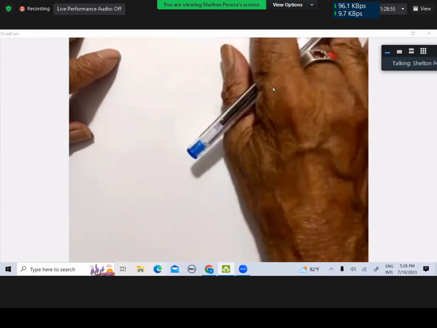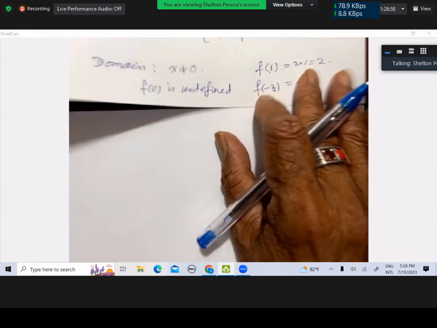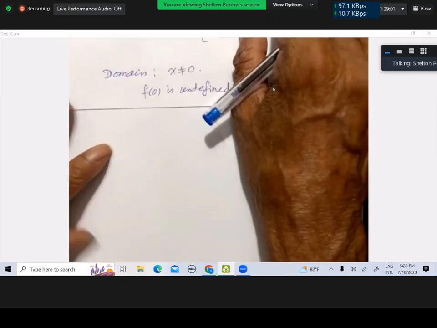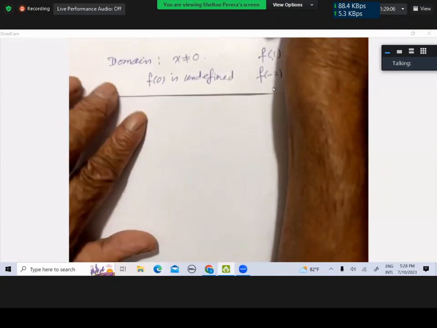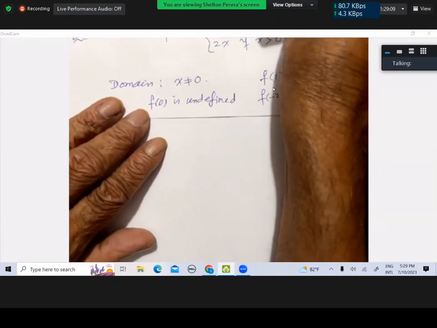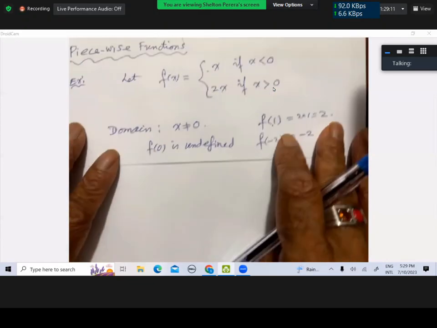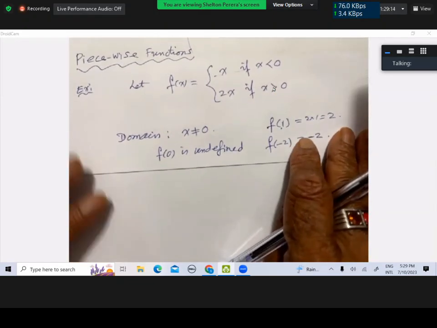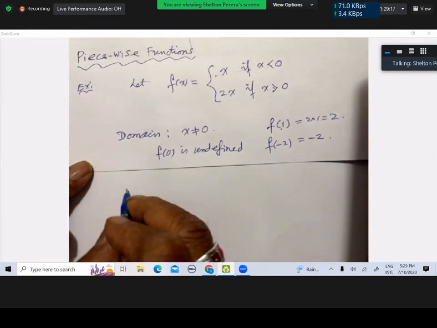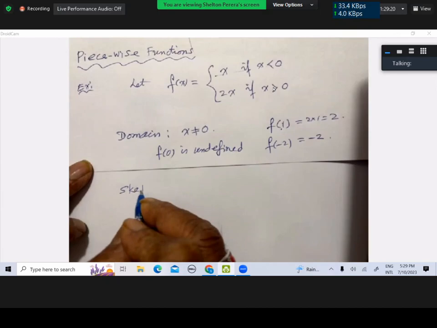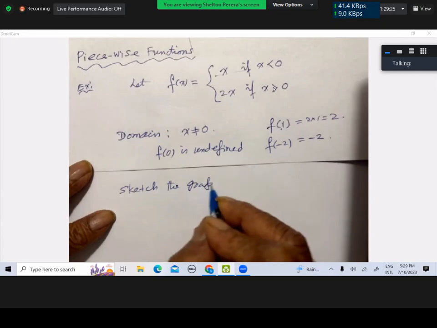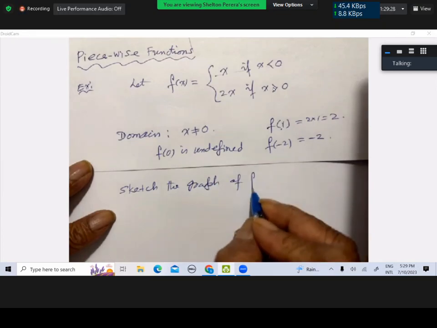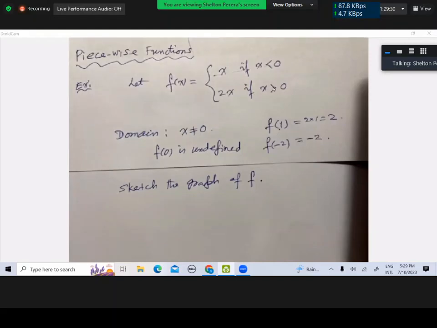We have done the graph of a piecewise function when we did absolute value of x. That was the first piecewise function you came across. Sketch the graph of this f.